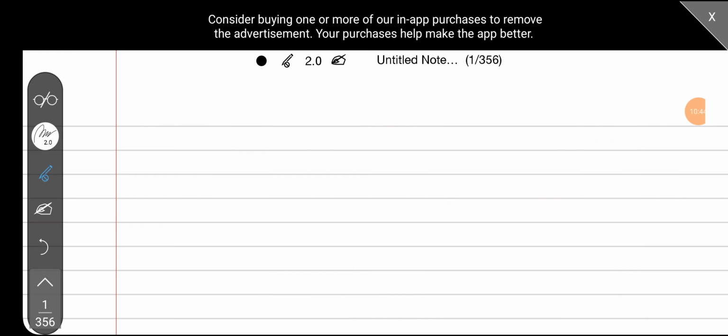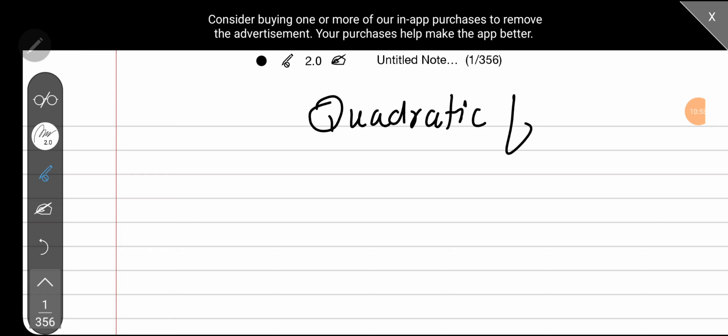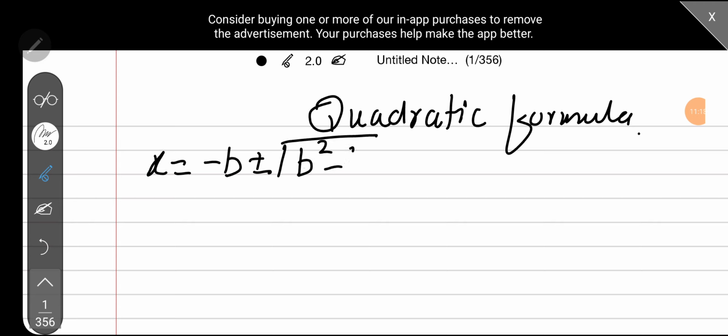Third method, we have the quadratic formula. Here the quadratic formula is this.